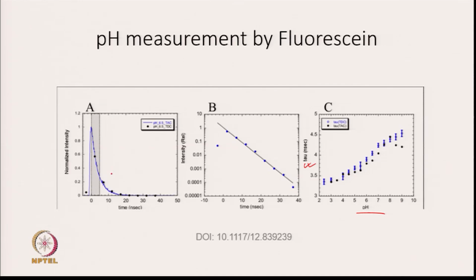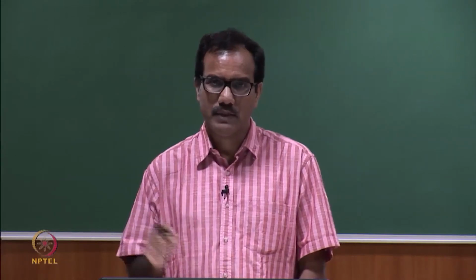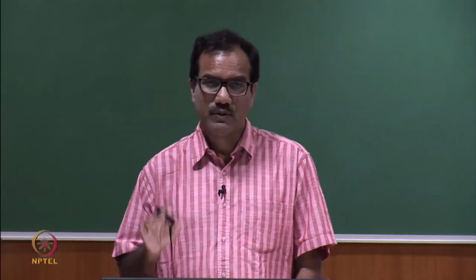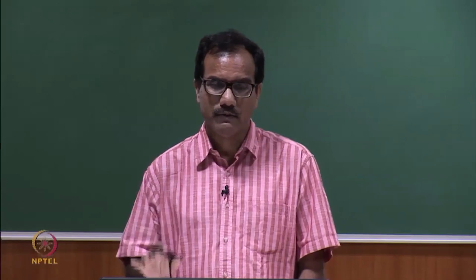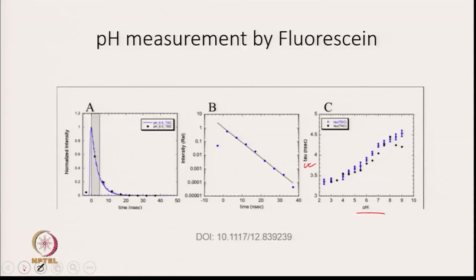So, what we did here, simply we are exciting fluorescein and looking at the decay, and from the decay you get the tau, which is in nanosecond, and now you are plotting at the various pH, and what has been seen that pH can be sensed by fluorescein if we can make lifetime measurement, and lifetime of this fluorophore is going to be different in different pH.